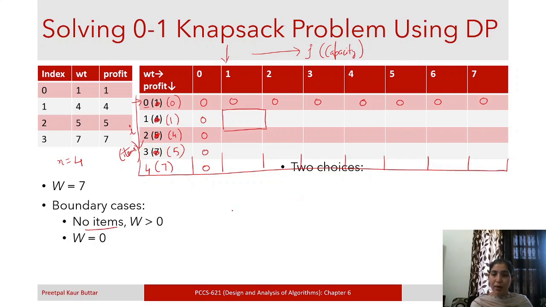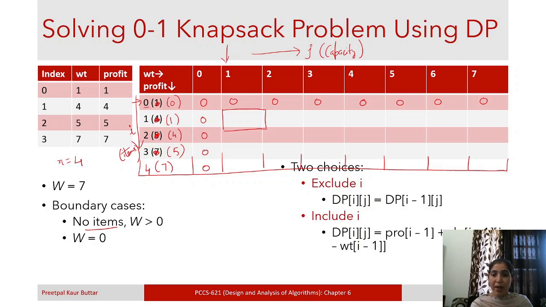Okay, so just like the coin change problem, here also you have two choices, exclude I or include I. Okay, so if you try to exclude I, then the profit will be same as the previous profit. Okay, so I is 1 here. You decide to exclude this ith item, so the profit will be same as the profit you earned with the previous item, that is the 0th item. Okay, so this will be the profit.